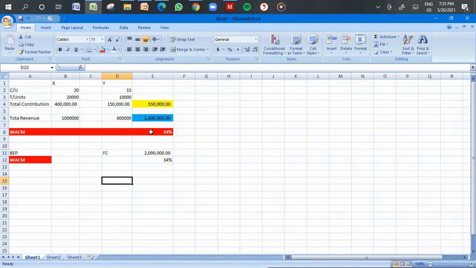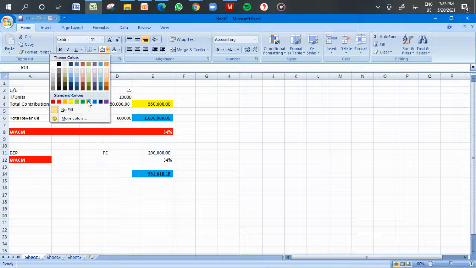So the break-even point will be equal to the total fixed costs divided by 34%, which is this one. Fixed cost, I think, is 200,000 or 2 million. Okay, so this one becomes our break-even point.